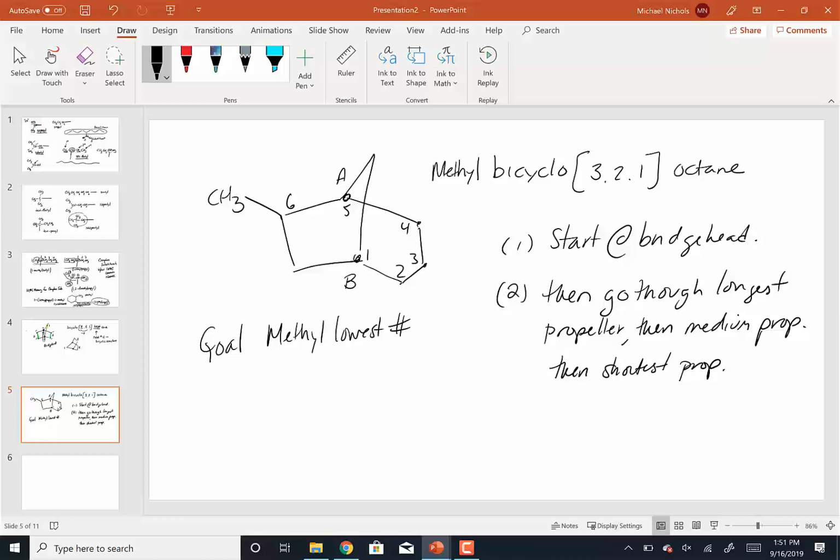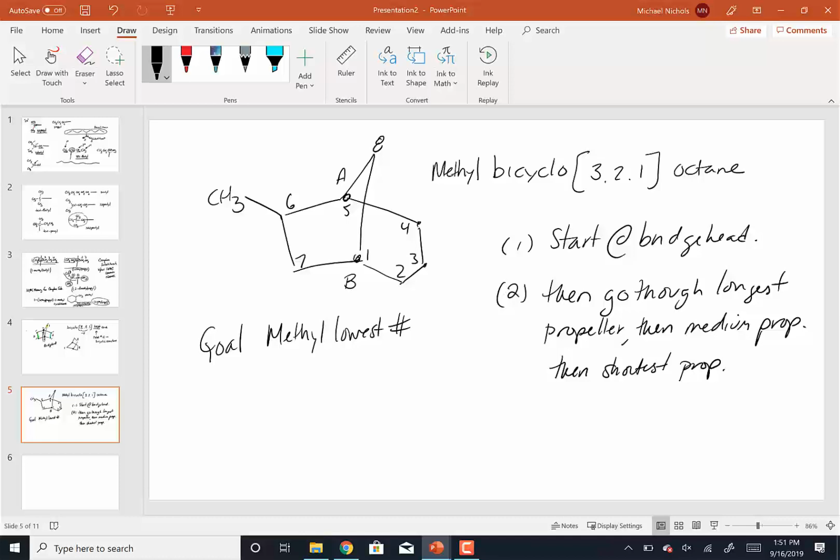I had to go through the longest propeller and then start going through the medium propeller, which means this would be 7, and then I have to disconnect and go up to 8. Can anybody beat 6?